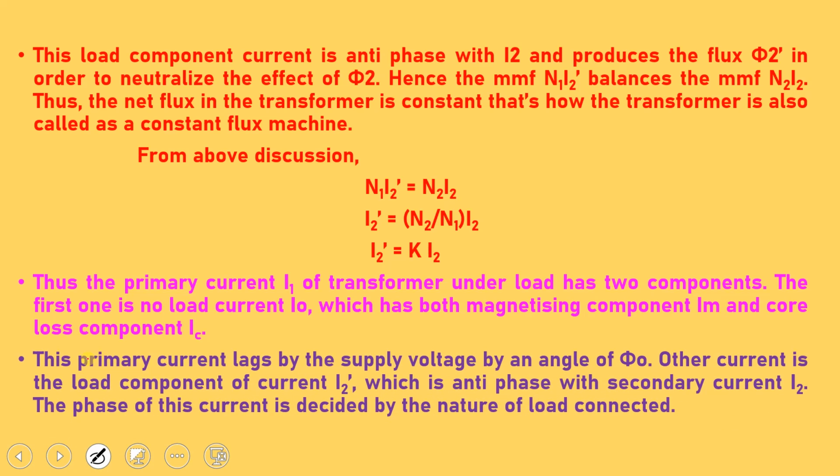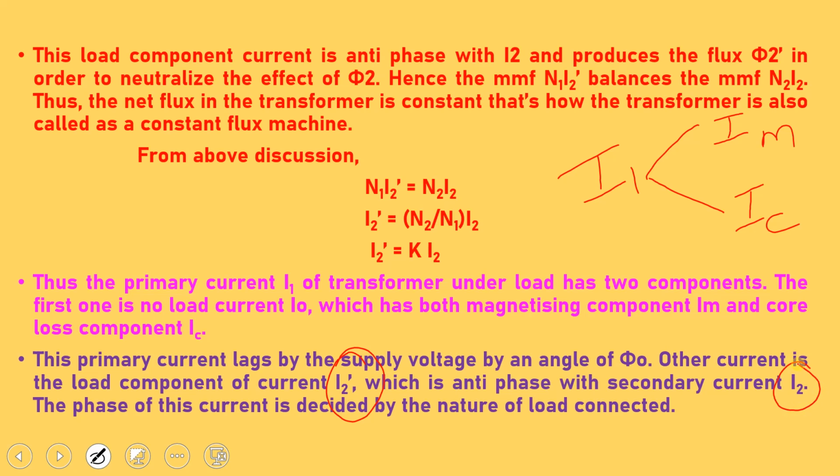The primary no load current lags the supply voltage by an angle phi. The other is the load component of current I2 dash, which is in anti-phase with the secondary current I2. As I have told you previously, I2 dash is out of phase with I2.